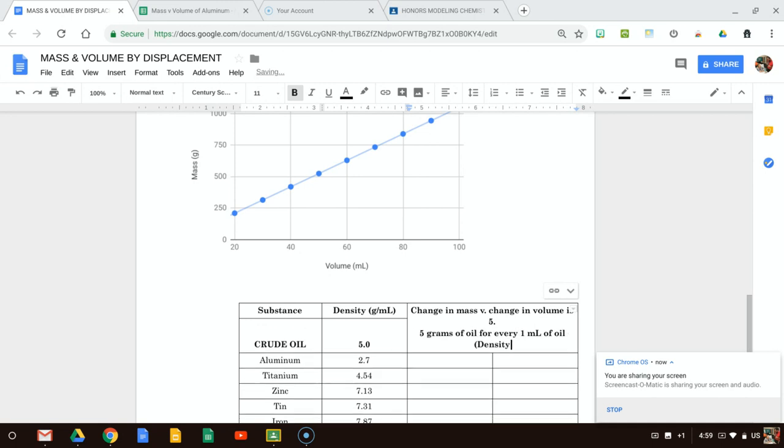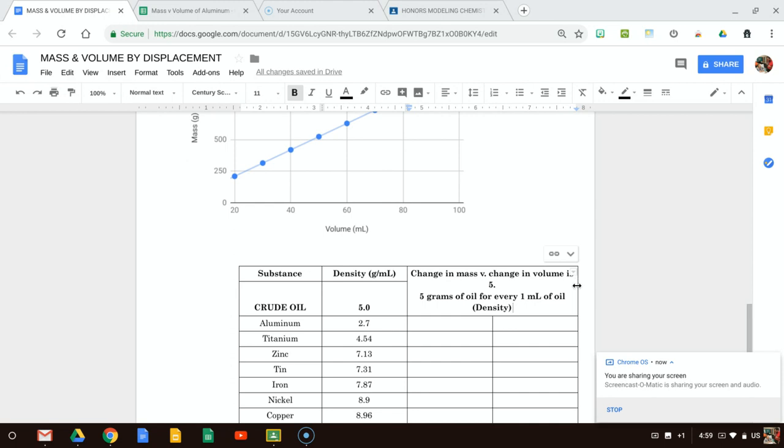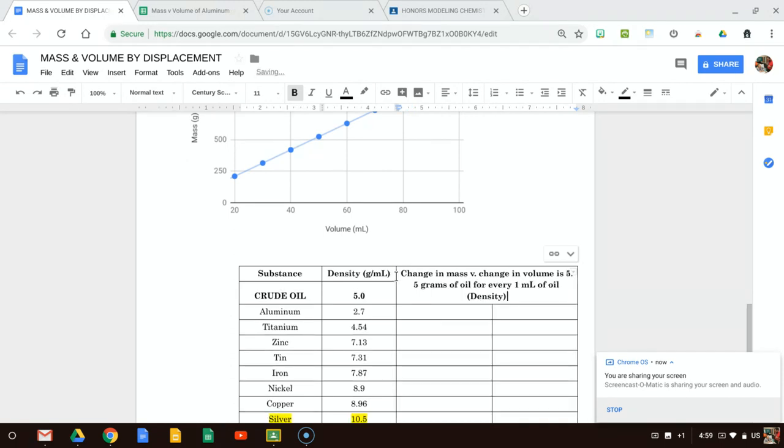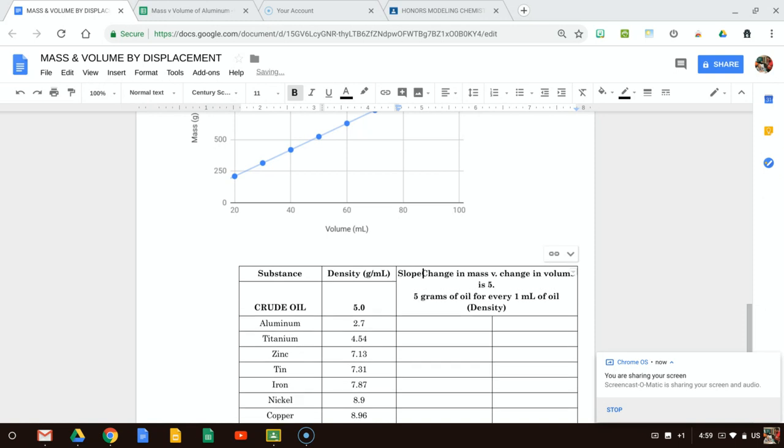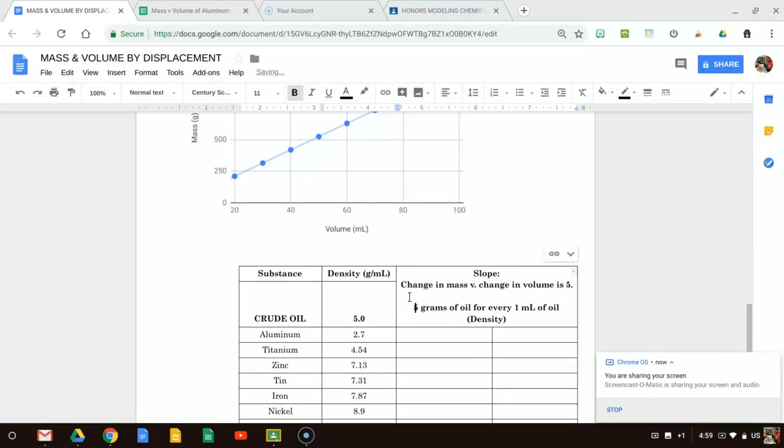That is what 5 grams per milliliter means. The change in mass versus change in volume is the slope. That's the density.